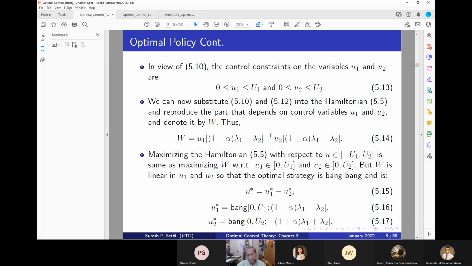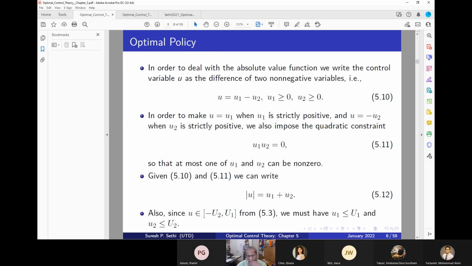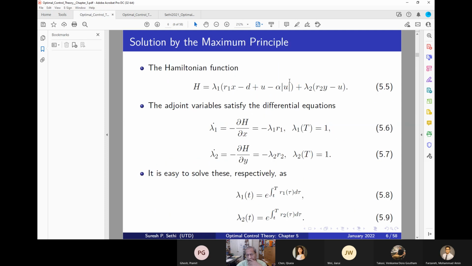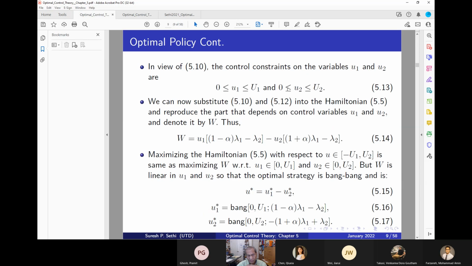So now we have a problem where the control constraints are this. And we take the Hamiltonian here and we collect the terms in U only. When we do that, we call it the switching function W. And after we take only the control terms and reorganize it, it becomes this.